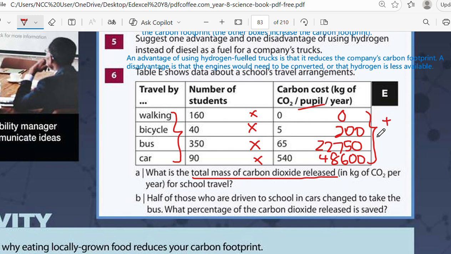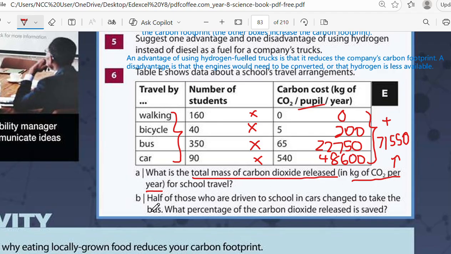What is the answer then? 71,550. Is this clear? Yes. What should be the unit? So the unit should be kilograms of carbon dioxide per year. This unit should come here. Okay?